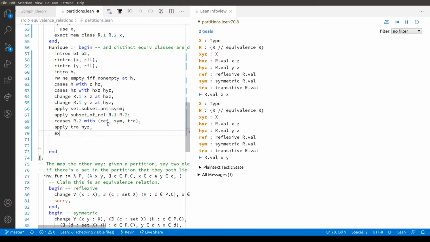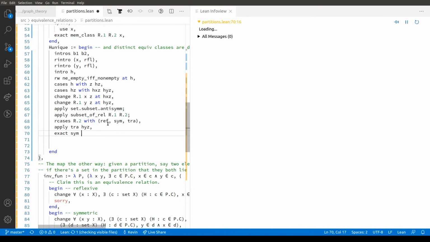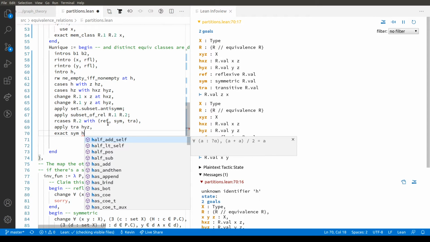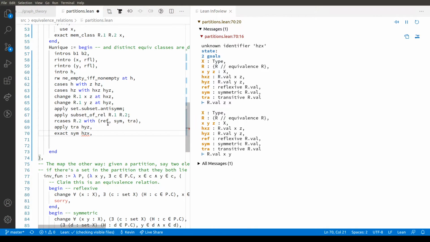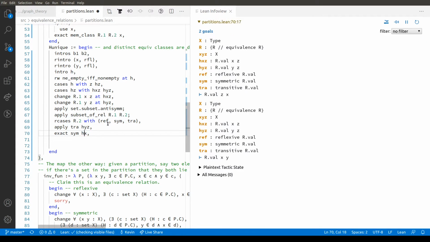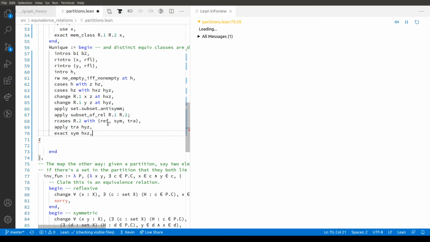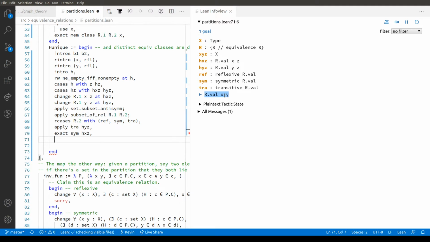I see. So this is exact sim HXZ, right? There. Sorry. That should have done the first one, and now this second one, I'm going to prove that x is related to y, and so again, this time I'll use transitivity.